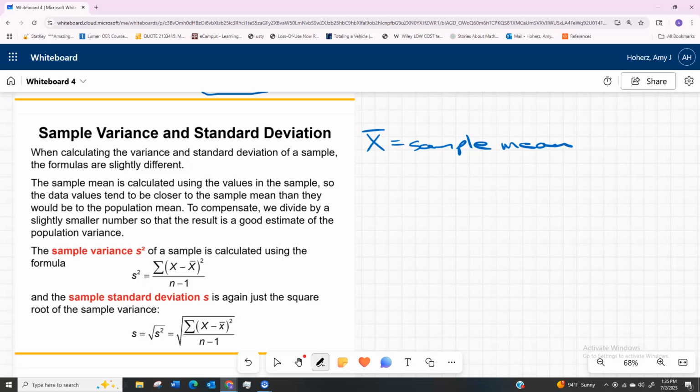We have this variable in front that still has a square on it. S squared is the sample variance. And then if we take the square root of the S squared, we get S, and that is the sample standard deviation.